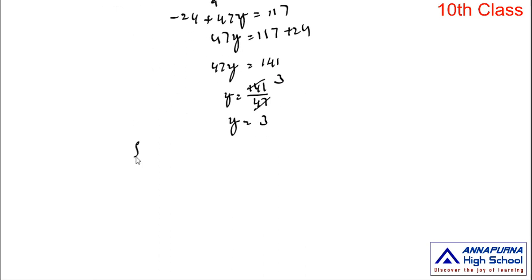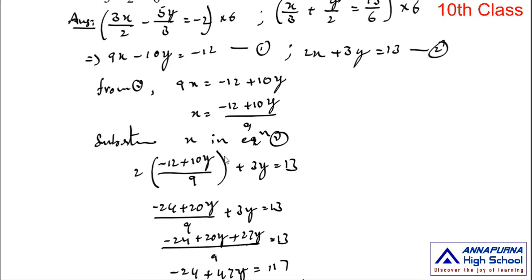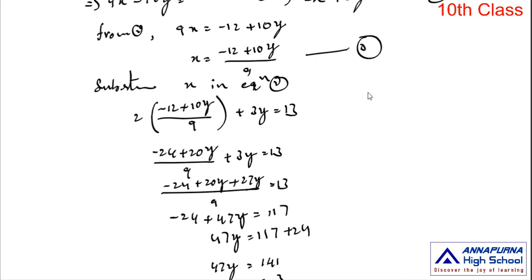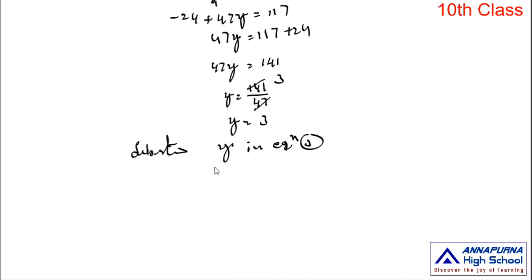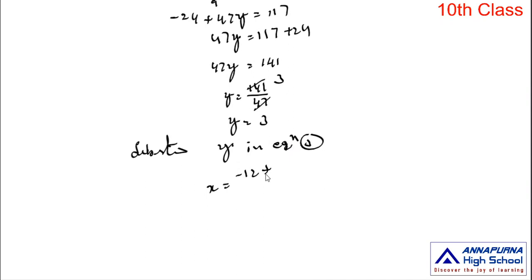Now substituting this y in equation 3, the third equation, x is equal to minus 12 plus 10y by 9, which means 10 into 3.